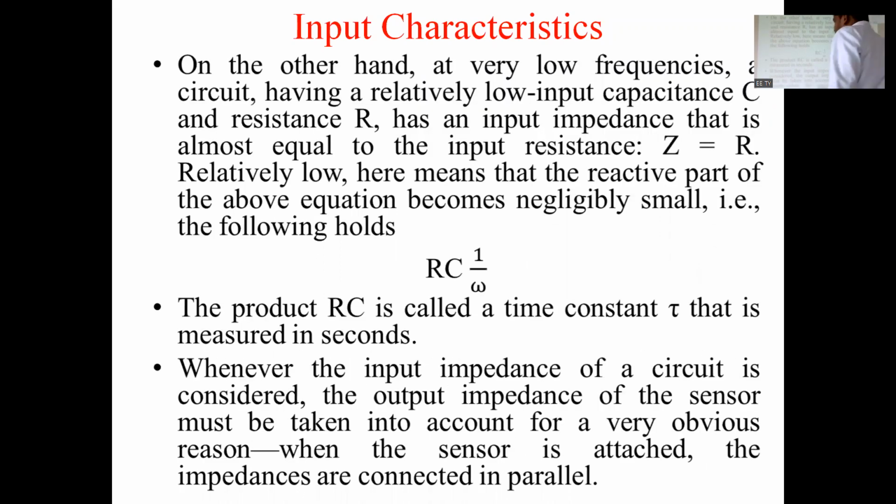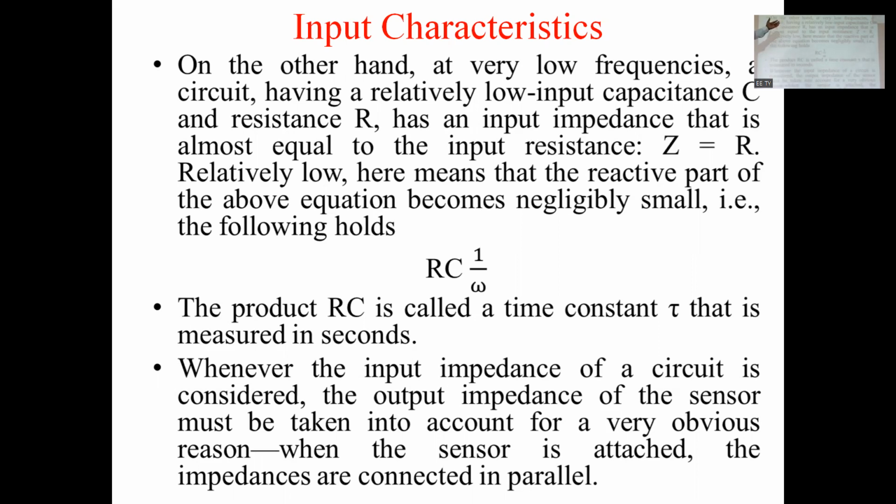Okay. On the other hand, at a very low frequency, a circuit having a relatively low input capacitance, the frequency at minimum value. So according to the equation, capacitive reactance Xc is equal to 1/2 pi fC. If the frequency is very low, with low input capacitance and resistance, it has an input impedance that is almost equal to the input resistance.